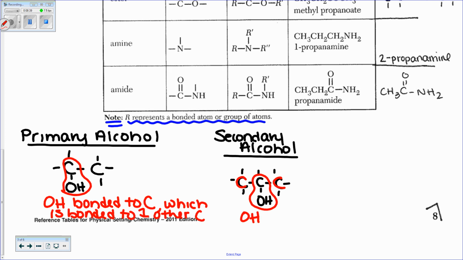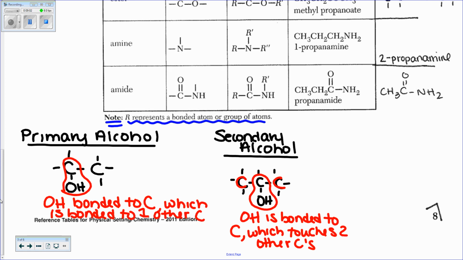So the OH is bonded to a C which touches 2 other C's. If the carbon that has the OH on it is touching 2 other C's, it's called a secondary alcohol.